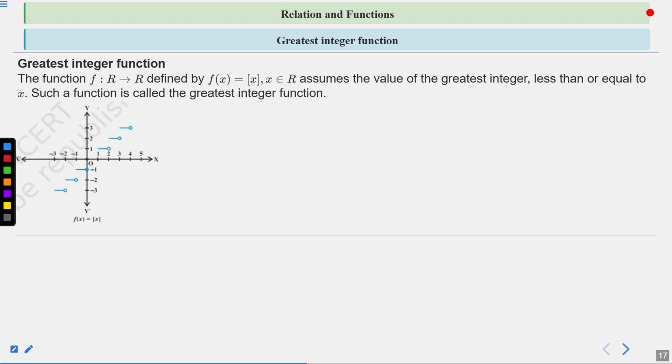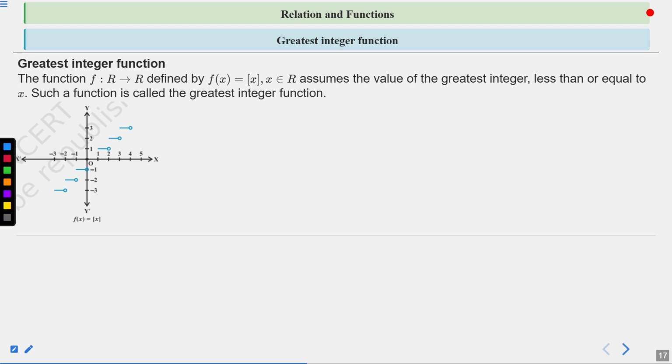For example, suppose input is 1.5. Now think of integers less than 1.5. You can easily think 0 is less than 1.5, 1 itself is less than 1.5, 2 no, 2 is not less than 1.5, minus 1 is less than 1.5, minus 2 is less than 1.5.